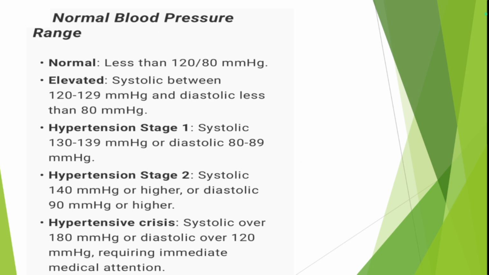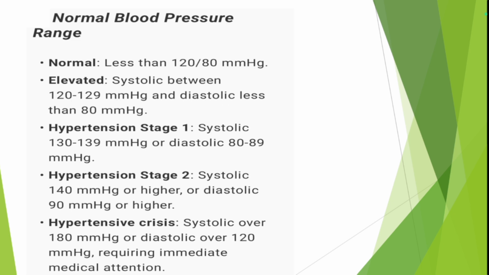Normal blood pressure range. Normal should be less than 120 to 80, but elevated. If it is elevated, then the systolic pressure should be between 120 to 129 mmHg, and the diastolic should be less than 80. Okay, the hypertension stage 1, high BP stage 1.